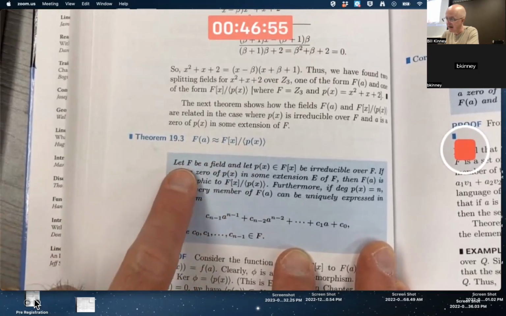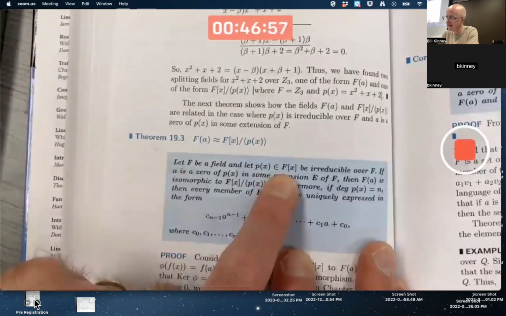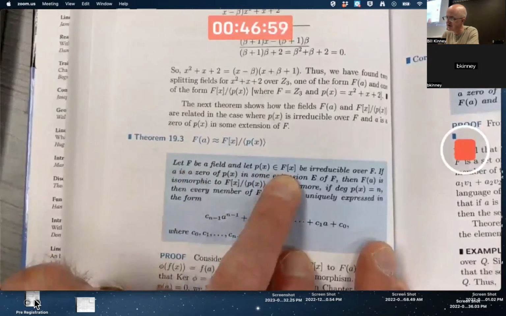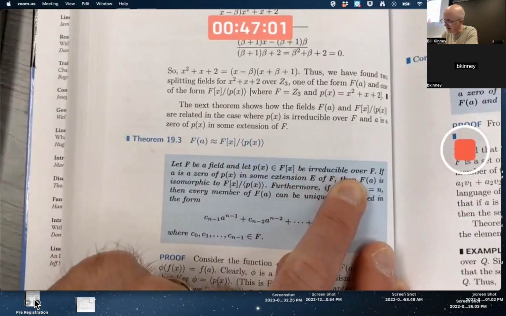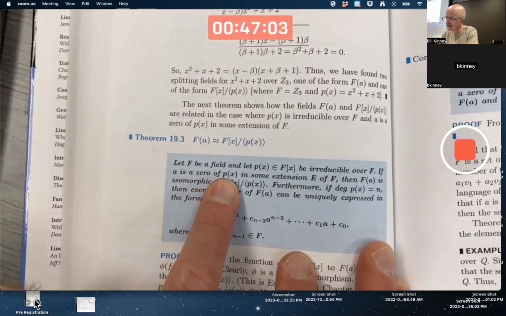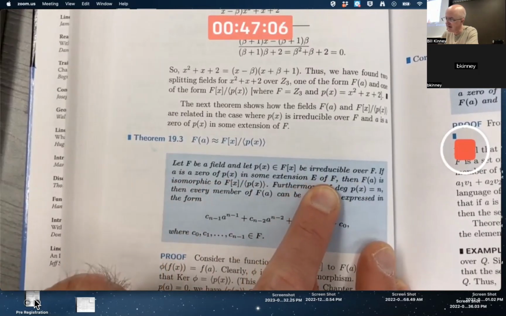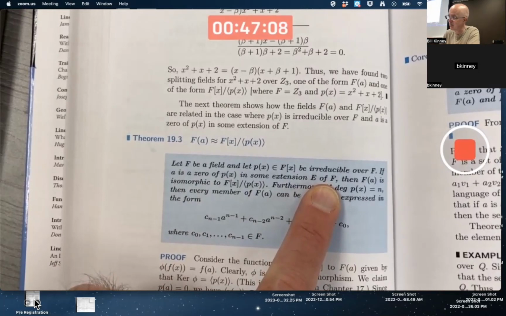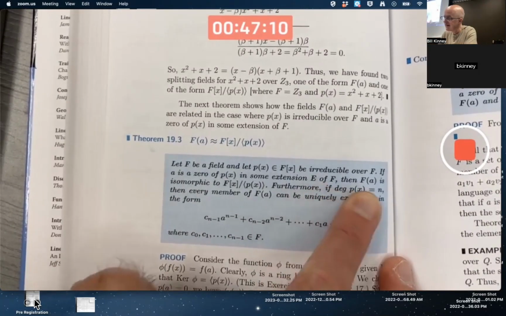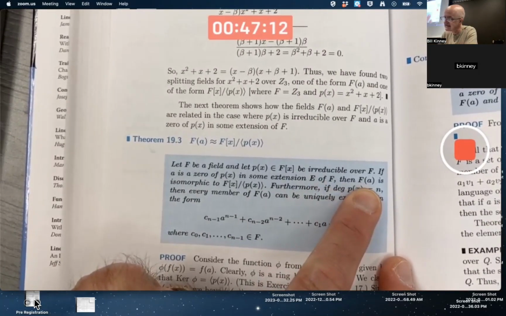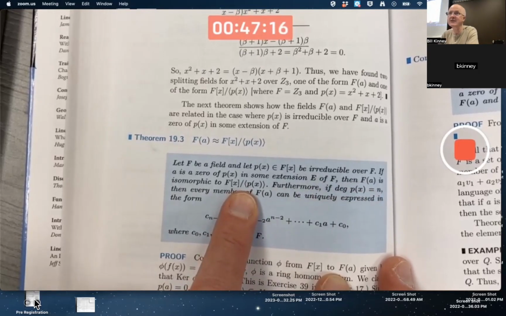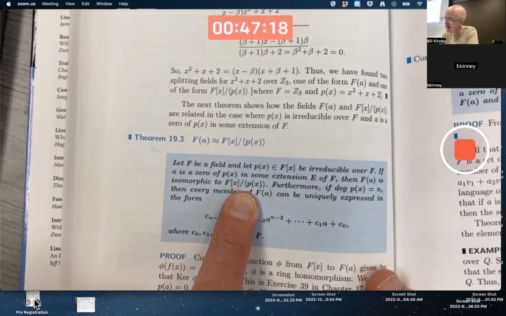Algebraic elements. Let F be a field, let P of X in the polynomial ring with coefficients in F be irreducible over F. If A is a 0 of P of X in some extension E of F, meaning, because of chapter 20, A is algebraic over F, then this F adjoin A is isomorphic to this factor ring, just like we saw in the other theorem.